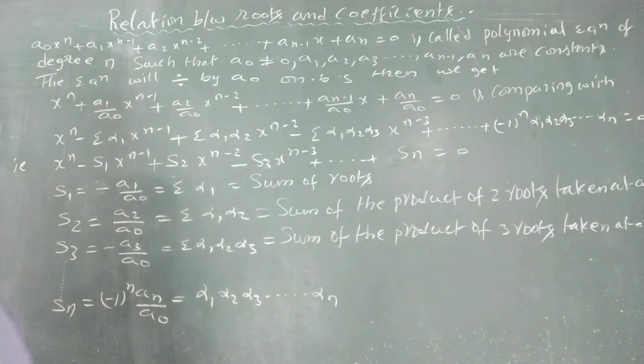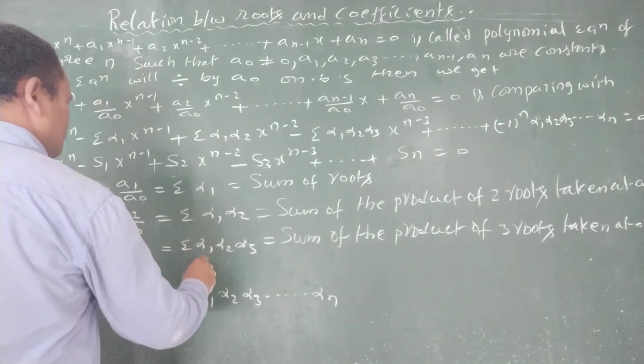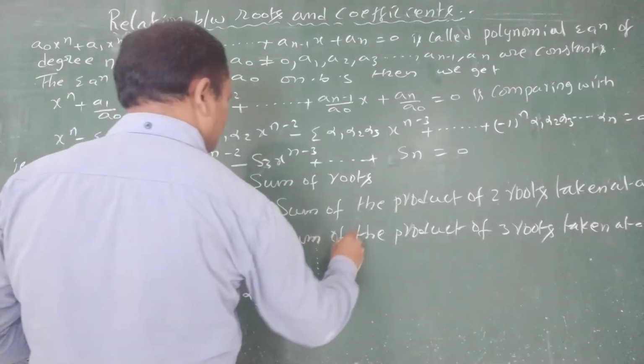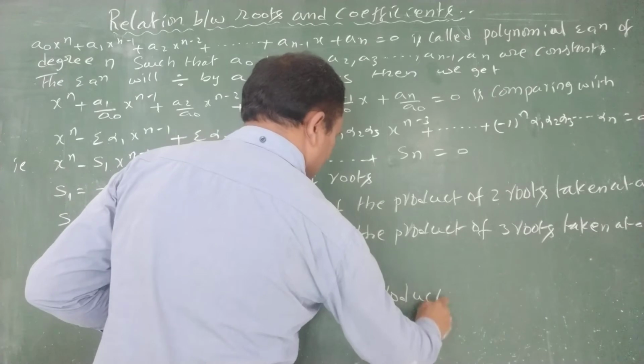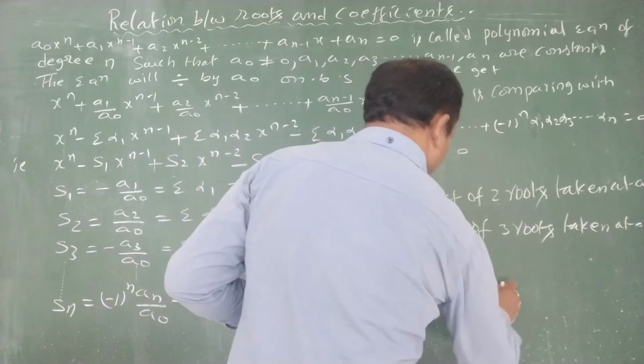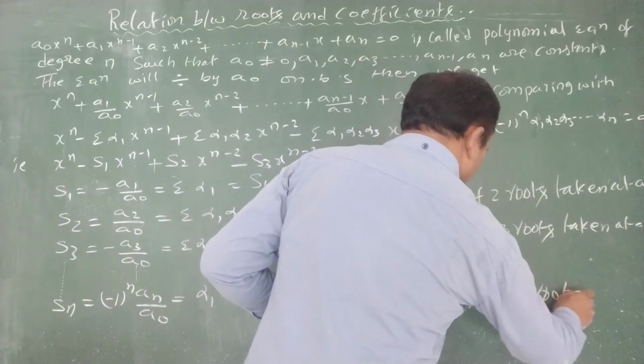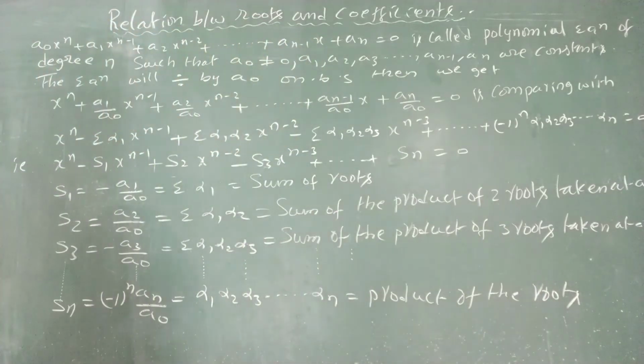That means it represents the product of all the roots. That's all. Now we are going to do examples on this concept.